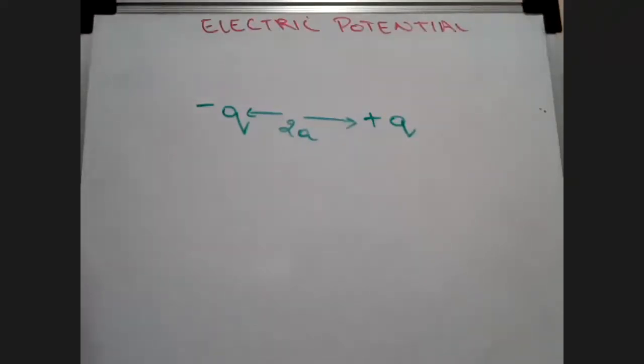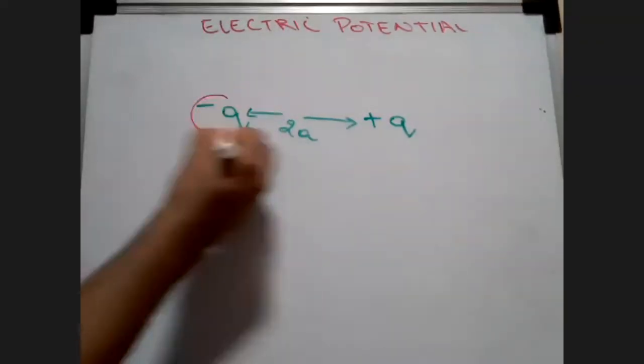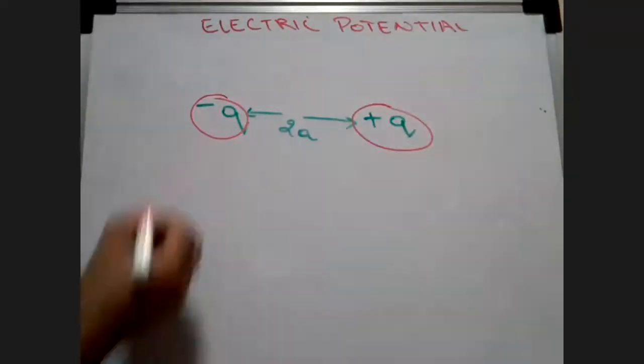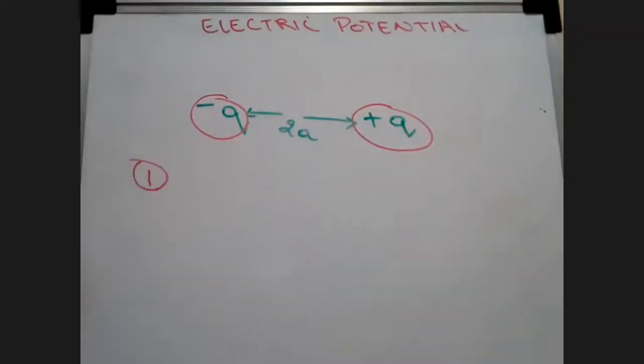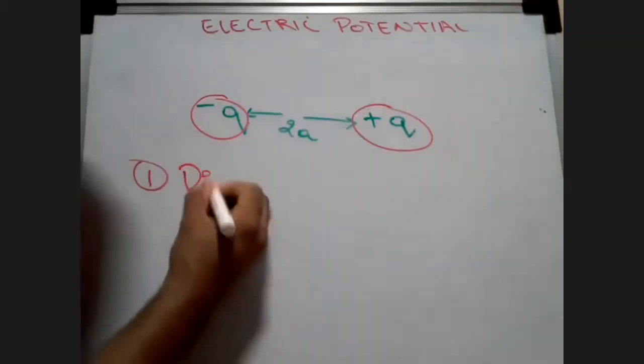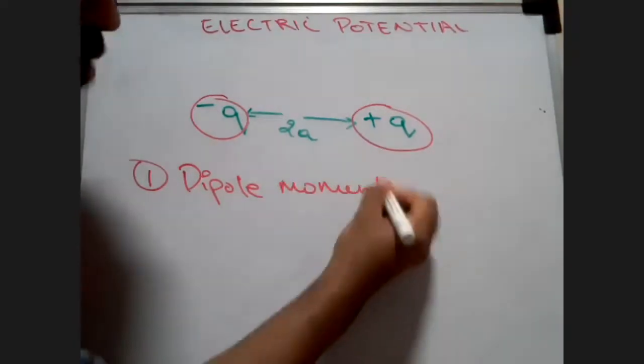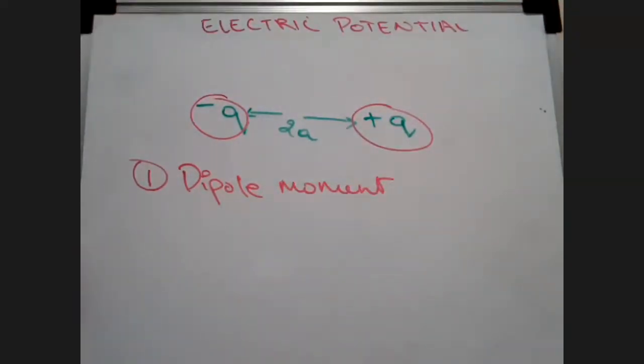Now let's look at some other property of a dipole. One of the properties is called dipole moment. Now remember this.